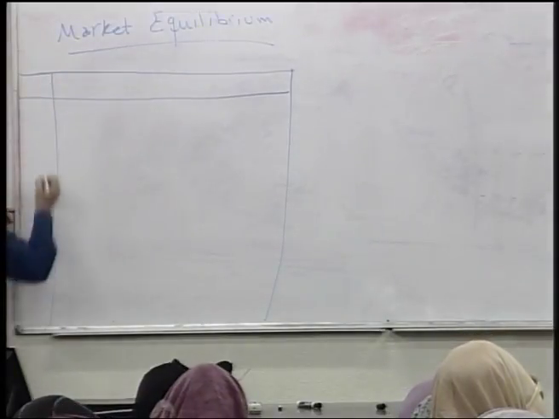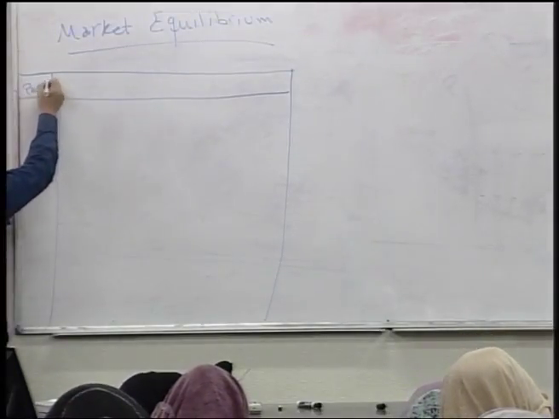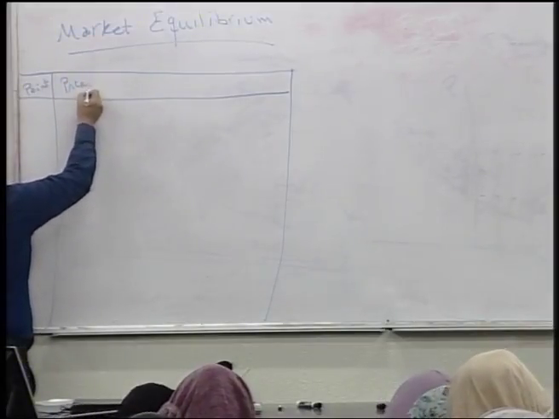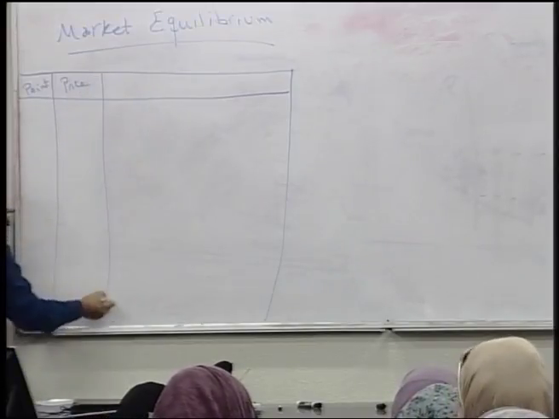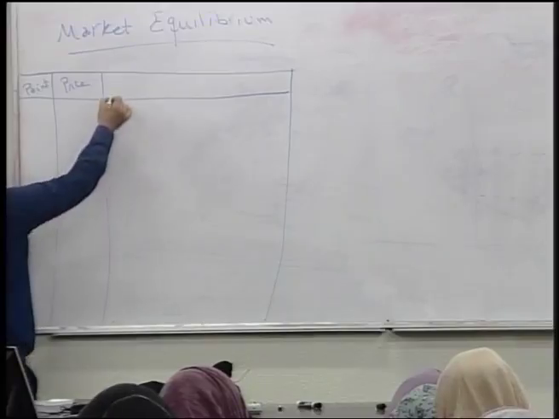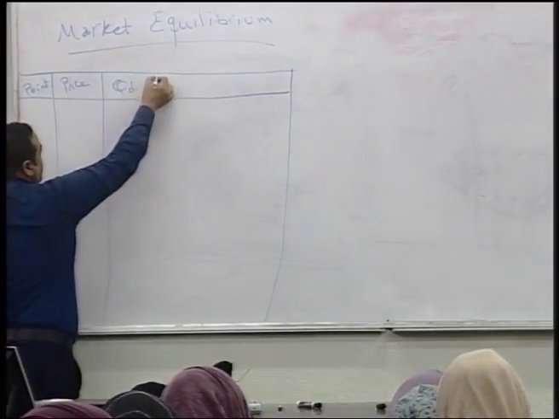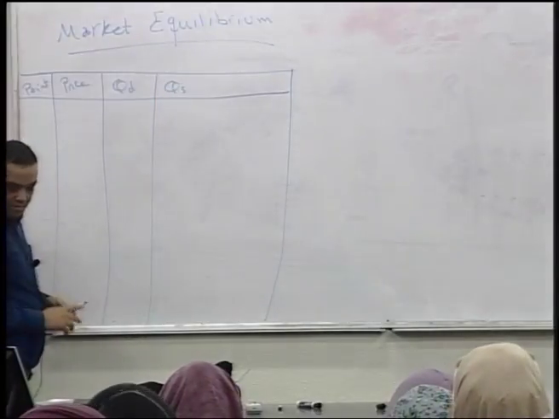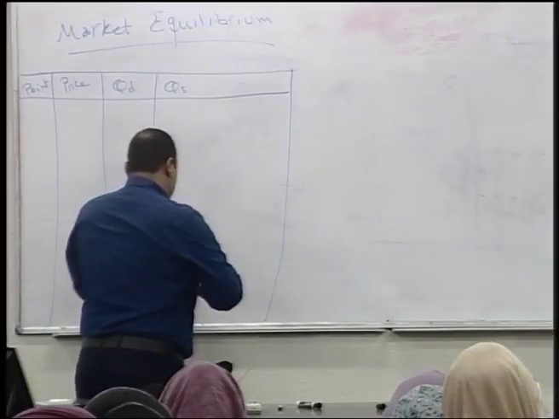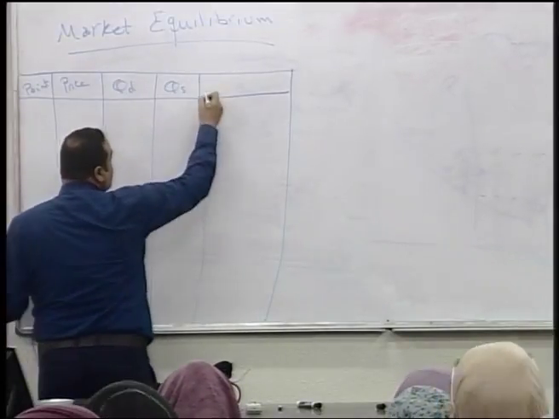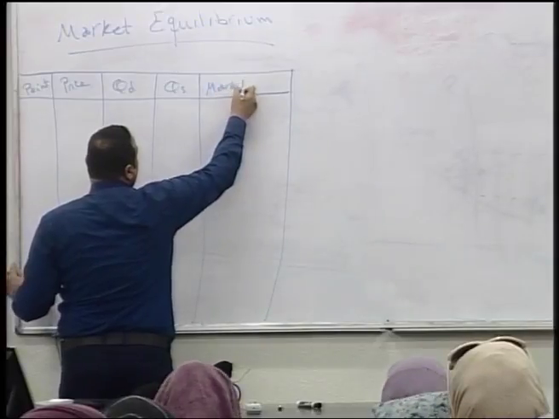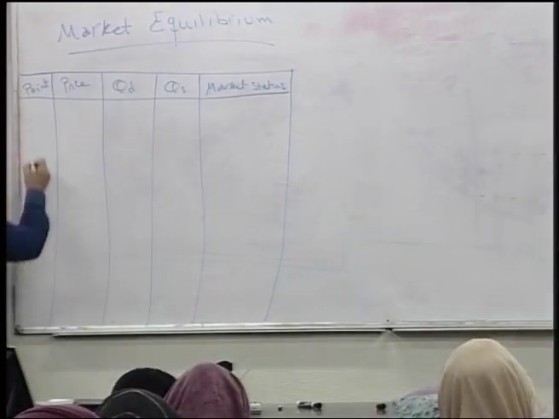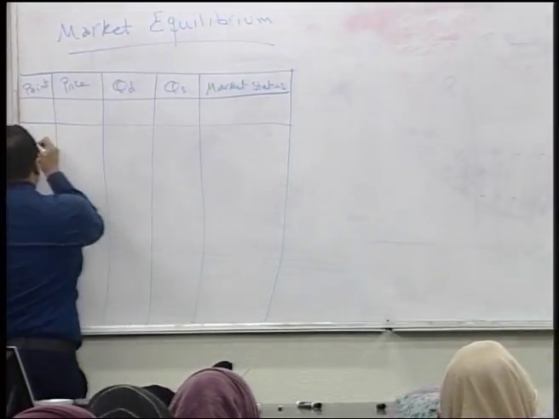Point, price, quantity demanded, quantity supplied, market status. Point A, B.